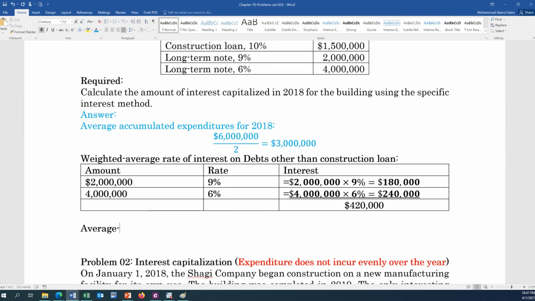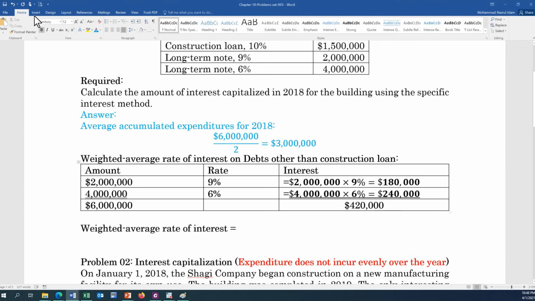So now, weighted average rate of interest is equal to, here is the total loan. The total loan amount is 6 million.